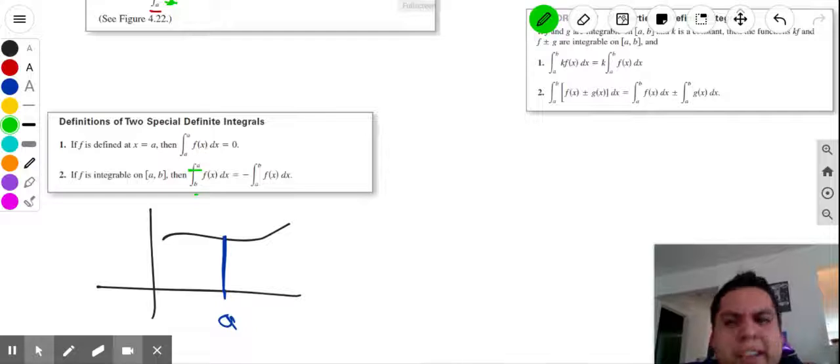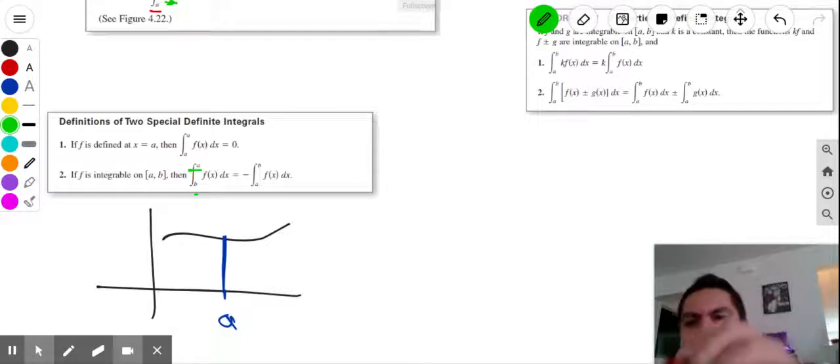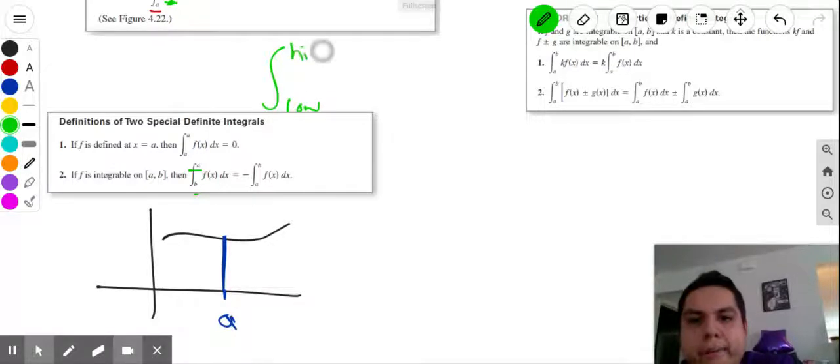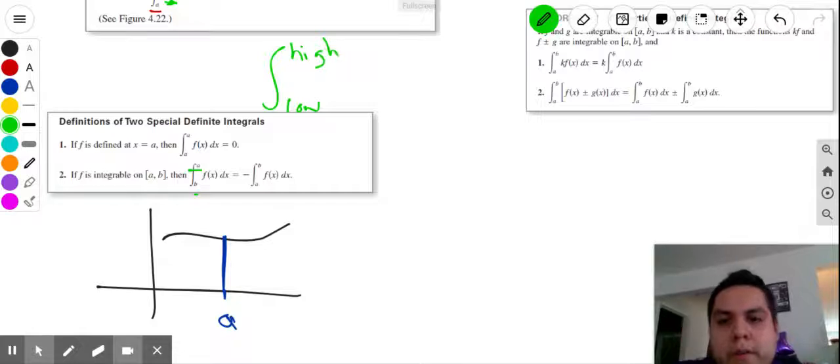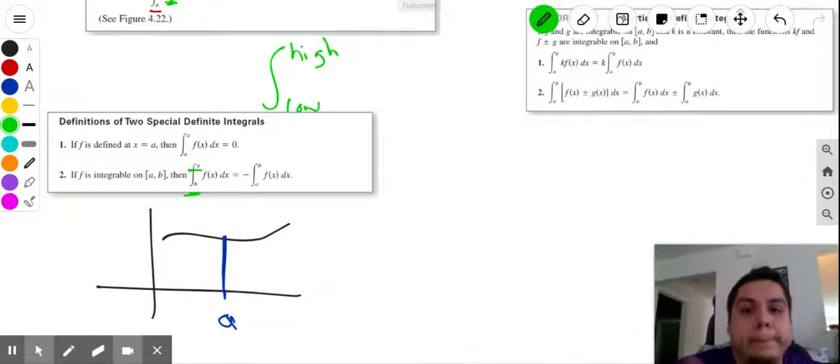Wait a minute. That's kind of the opposite of what we were doing earlier, because it should usually be for the integral low then high. But the way this integral is set up is that it has it backwards. It switches the order. So as a result, we are still talking about the same piece of the graph, but we have to interpret it differently, right?